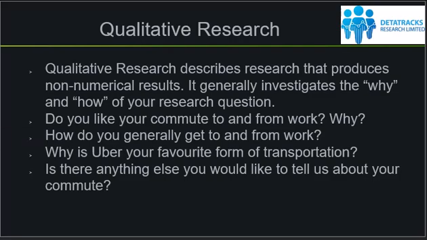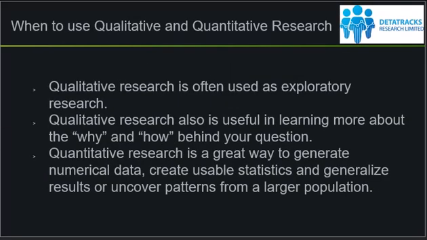When do we use qualitative and quantitative research? Qualitative research is often used as exploratory research, and it is helpful to provide insights into the problem you want to research more. Or it helps to identify ideas and hypotheses for future quantitative research.